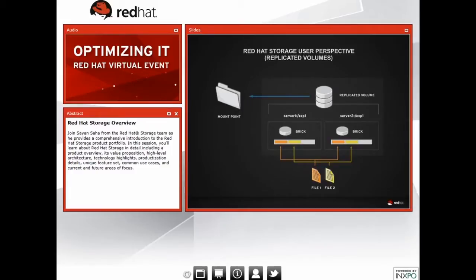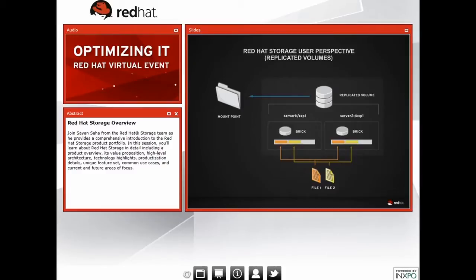because if server 2 was down for some reason, the brick will go down with it, obviously. But that doesn't mean your application won't be able to see file 1 and file 2. They will still see it. And if they make changes to file 1 and file 2 while the brick on server 2 is down, Red Hat storage will make sure that once server 2 comes up, the changes that have been done on file 1 and file 2 while server 2 was down are replicated over to the files on server 2, so that the copies are consistent and there's no inconsistency between them.